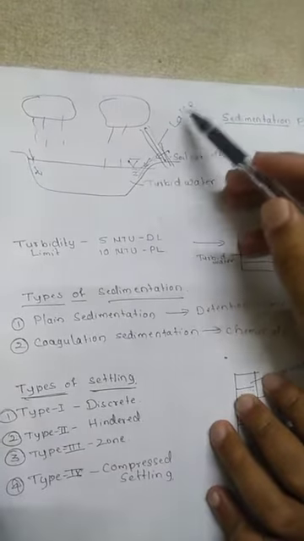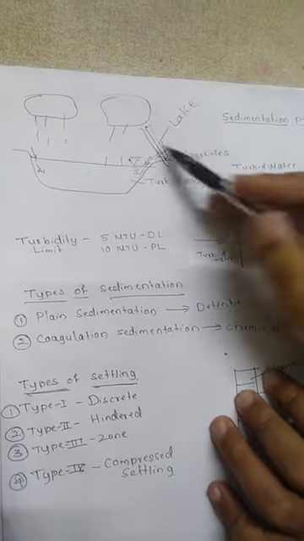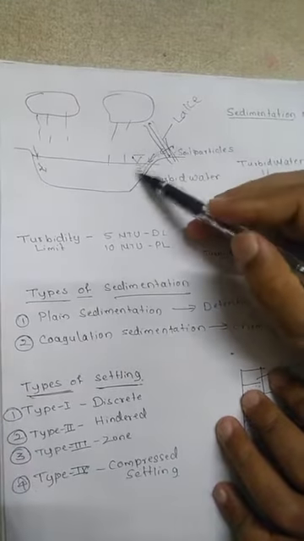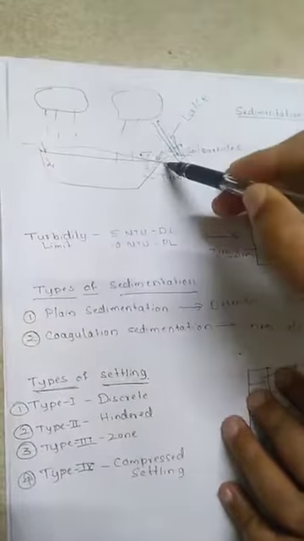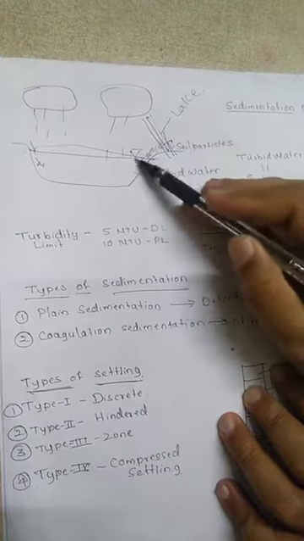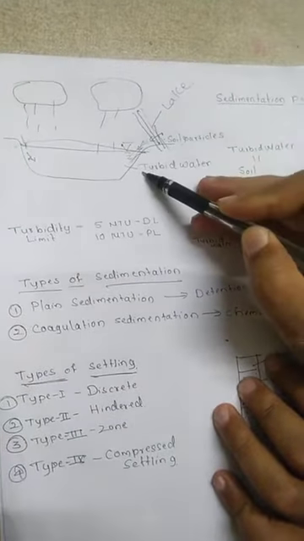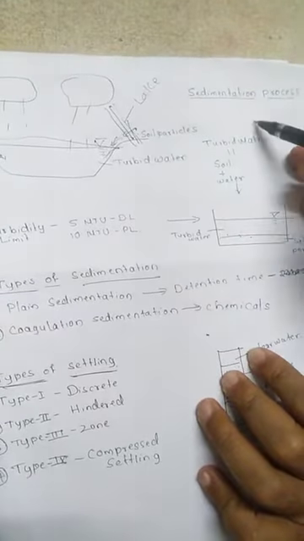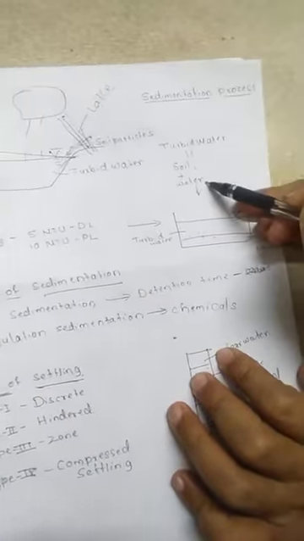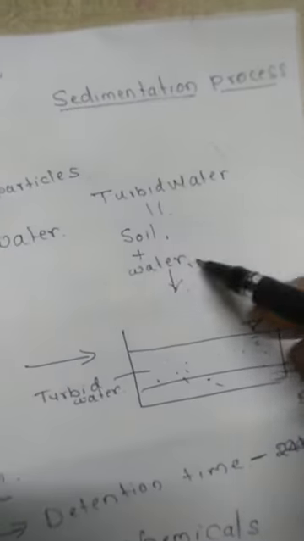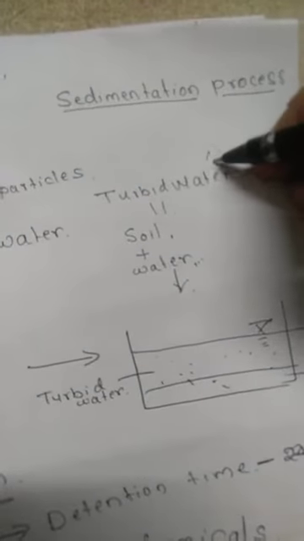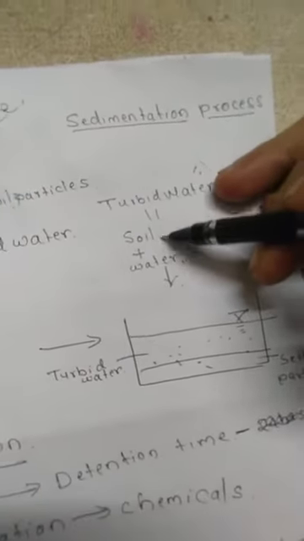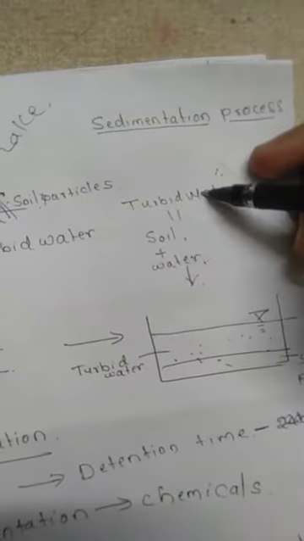It falls on the ground surface first, and if there are slopes, it forms a water body. In this water body, the soil particles along with the water together make turbid water. That is, turbid water is, I repeat, soil plus water.